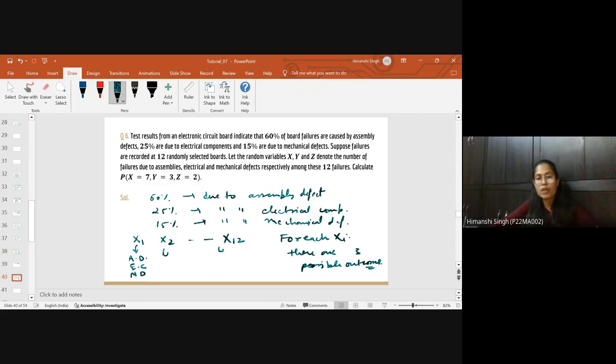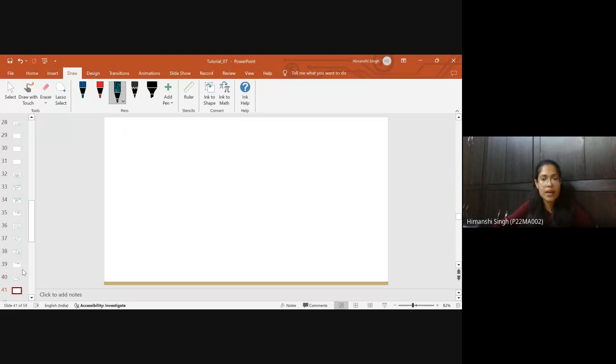Now let the random variables x, y, z denote the number of failures due to assembly, electrical and mechanical respectively.